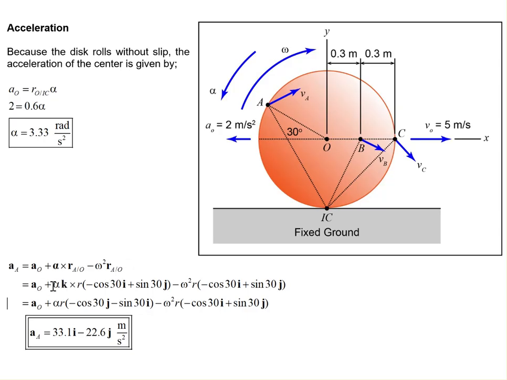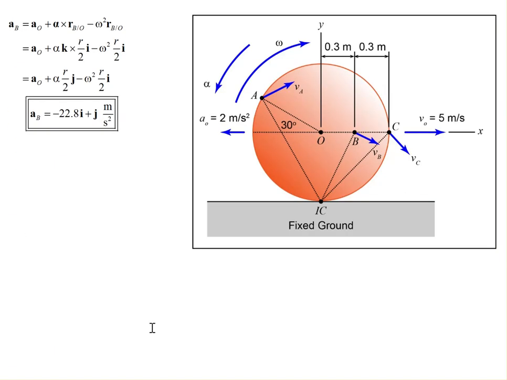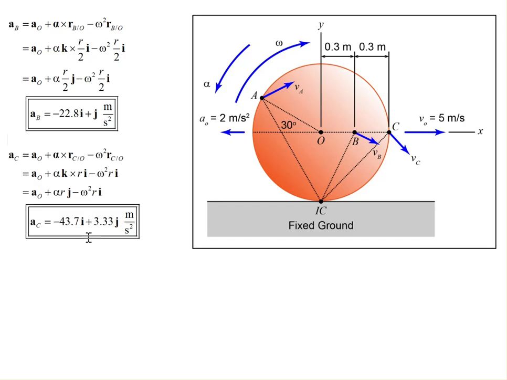We've assumed that alpha is in the k direction, so we just decompose r into the I and j, and then we put the minus omega squared r on as well. We take the cross product and we get a value for A. All right, we do the same for B and the same for C. So make sure you look over all the cross products and the relative positions.